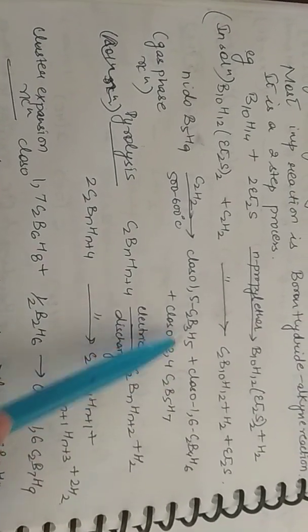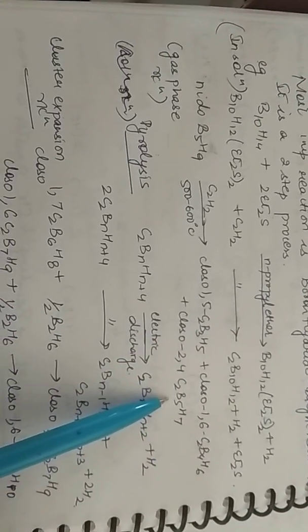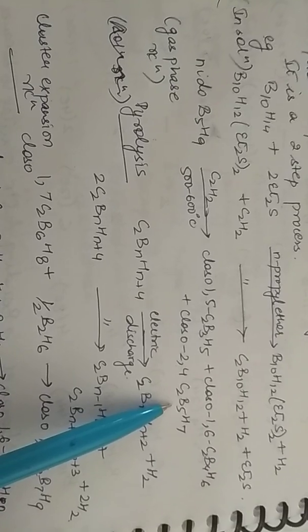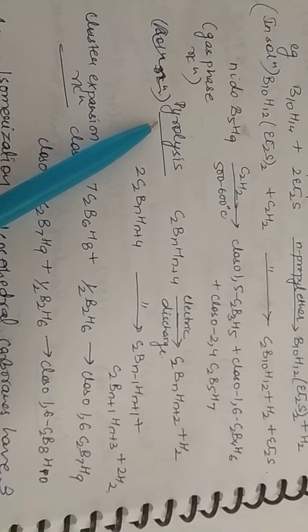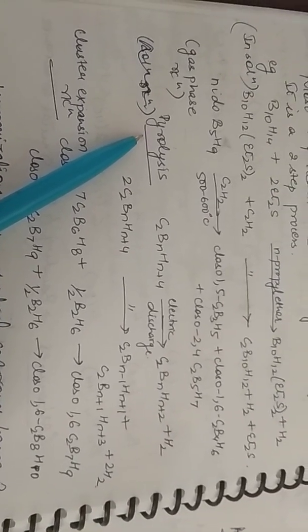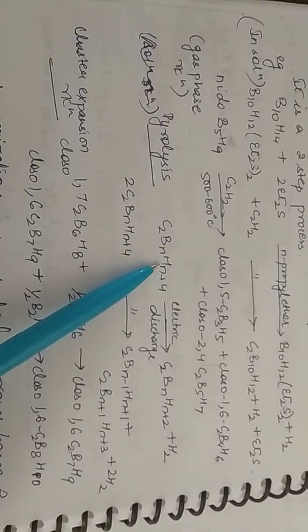So you get a mixture of boranes, B3H5, B4H6. That means you need to see that you get a mixture of products most of the time. So if you want to get a pure carborane of one type, you need to figure out the reaction, or take it to the solution phase, which becomes a little difficult in case of boranes.